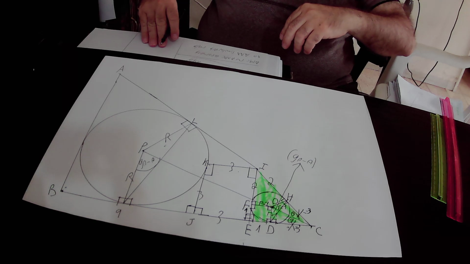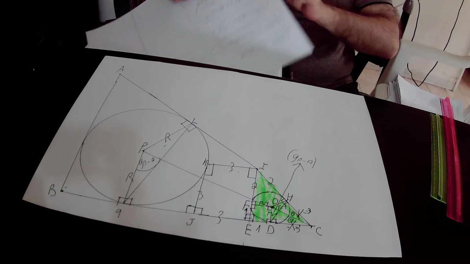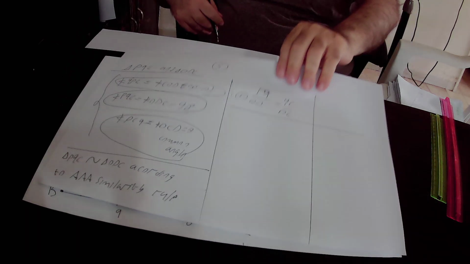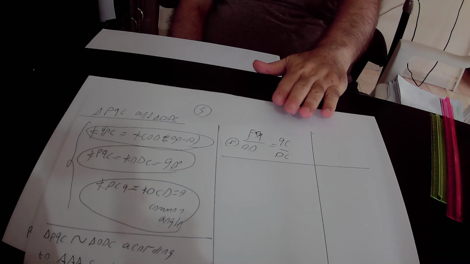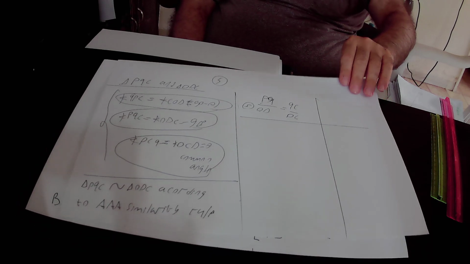I repeat again. We conclude that PQ over OD equals QC over DC.